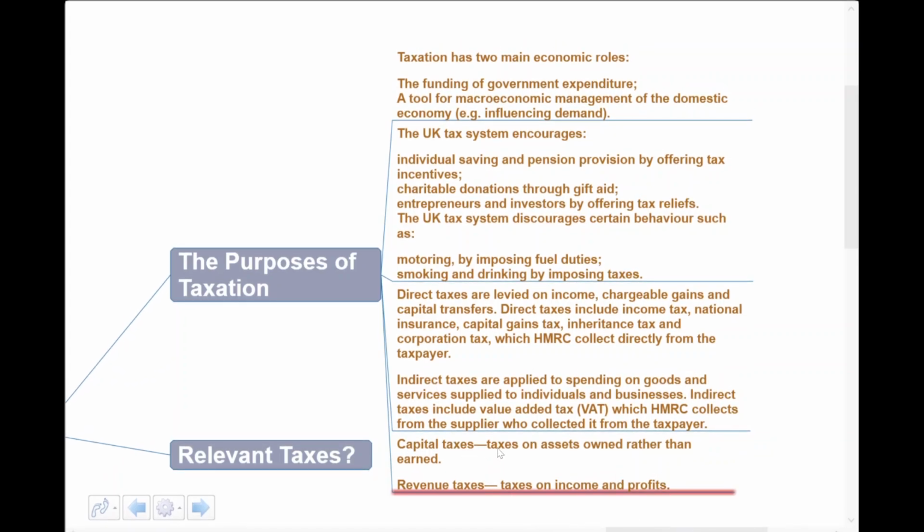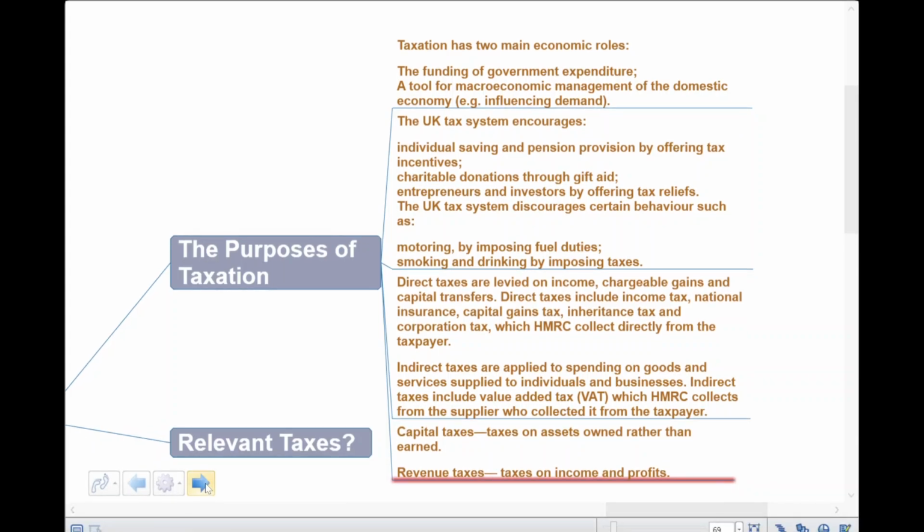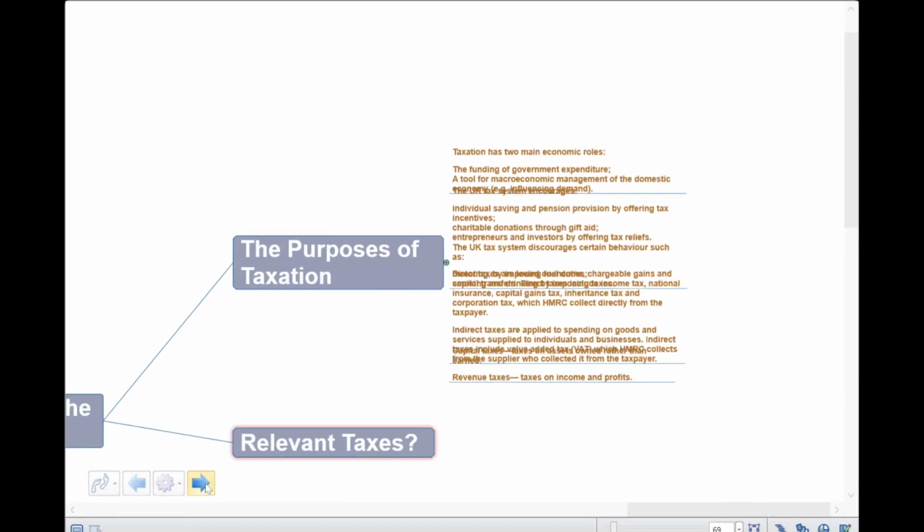Now, capital tax is slightly different. We're talking about taxes on assets owned rather than earned. The classic examples are capital gains tax and inheritance tax. So there's a quick intro to the purposes of taxation and some definitions.